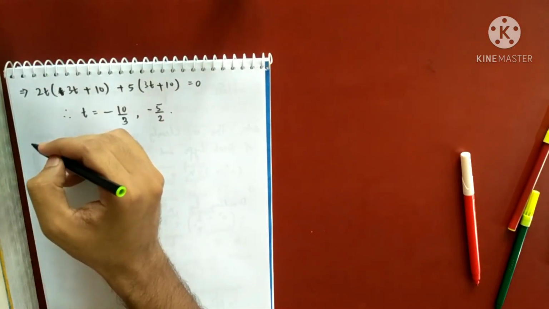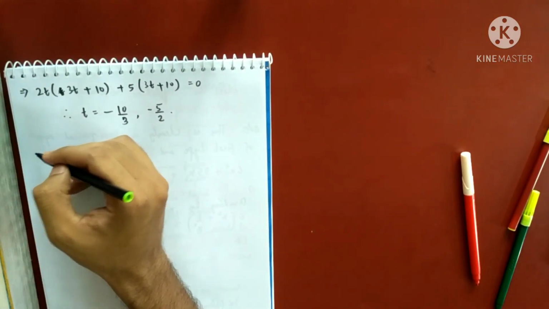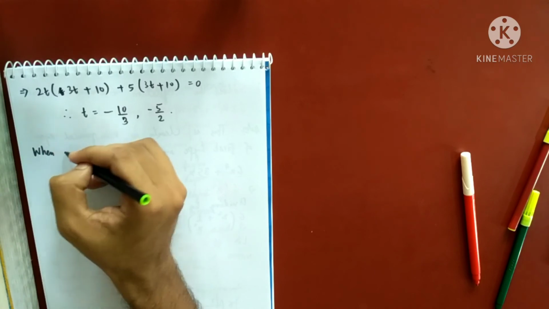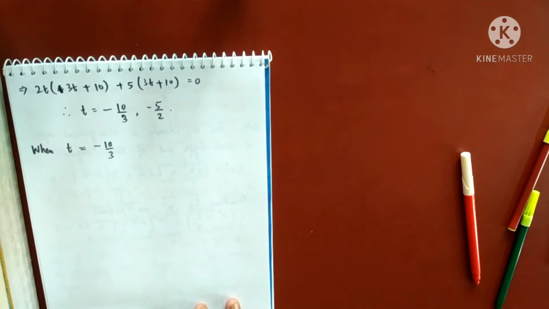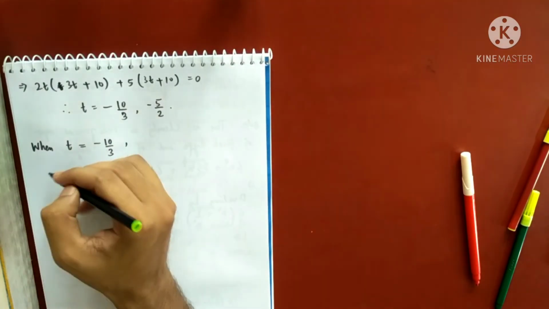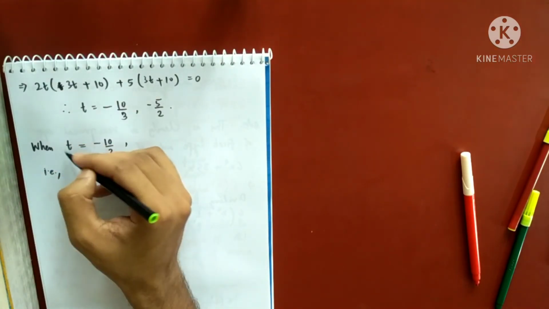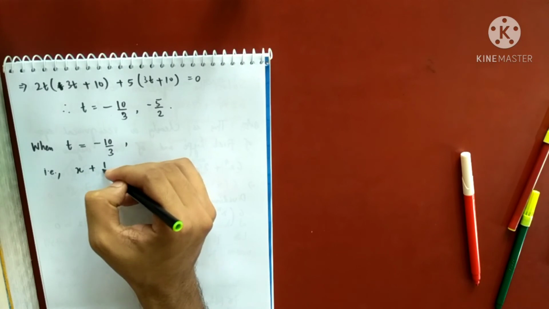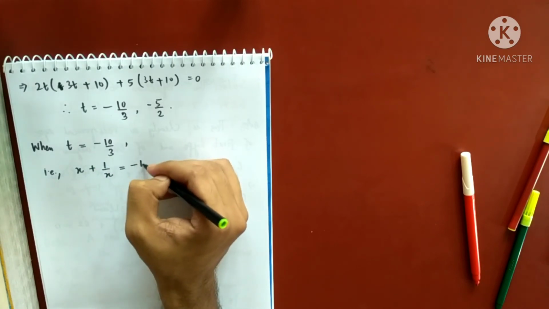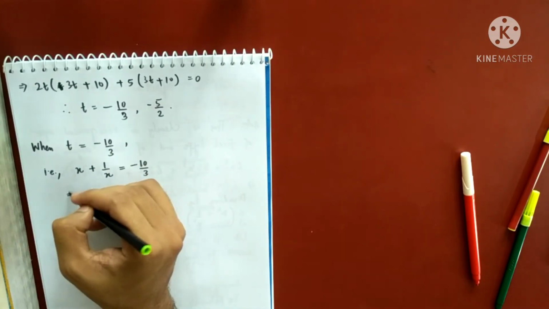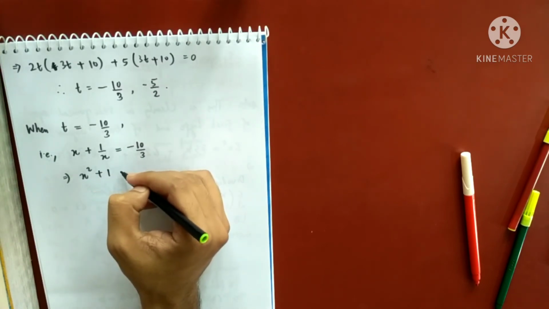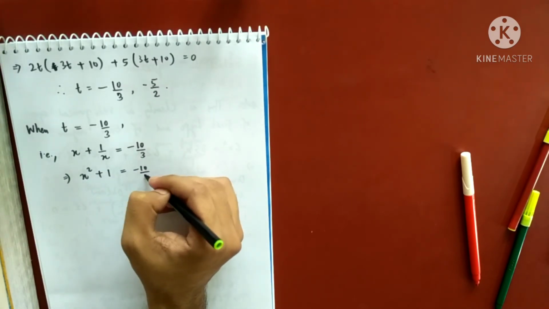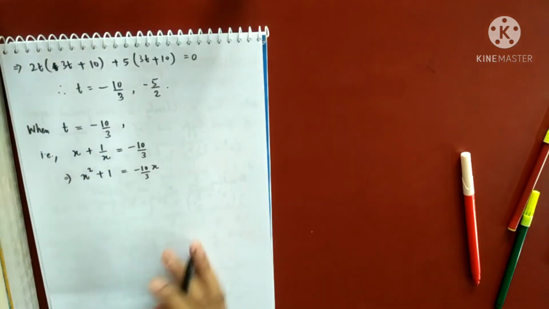Now what we know, when t equals minus 10 by 3, what was t? t was x plus 1 by x. So you have to again solve this quadratic. That means x square plus 1 equals minus 10 by 3x.